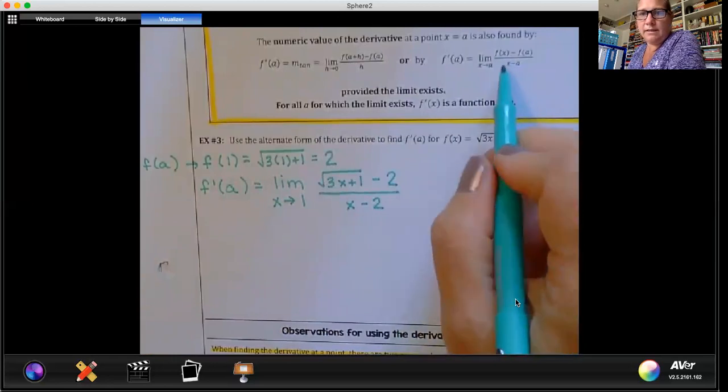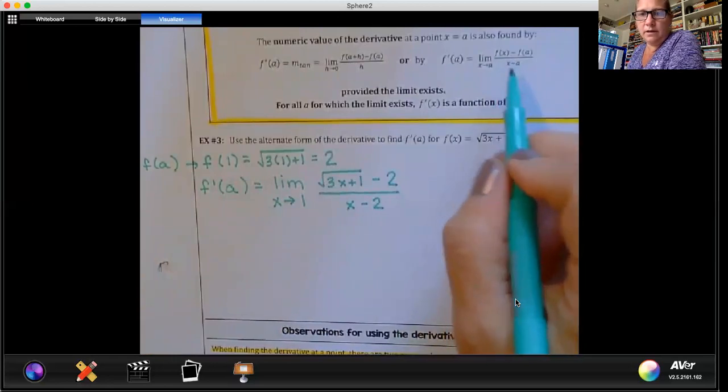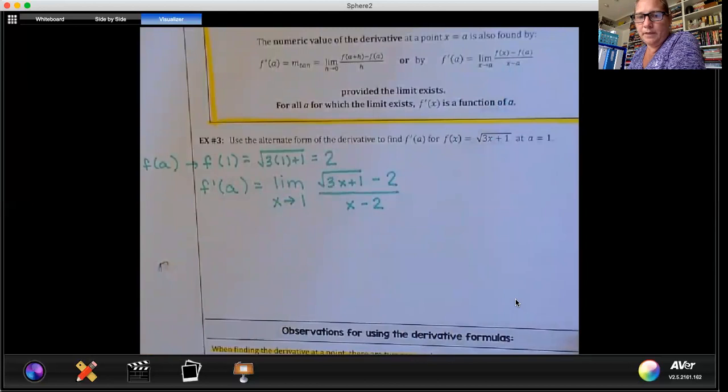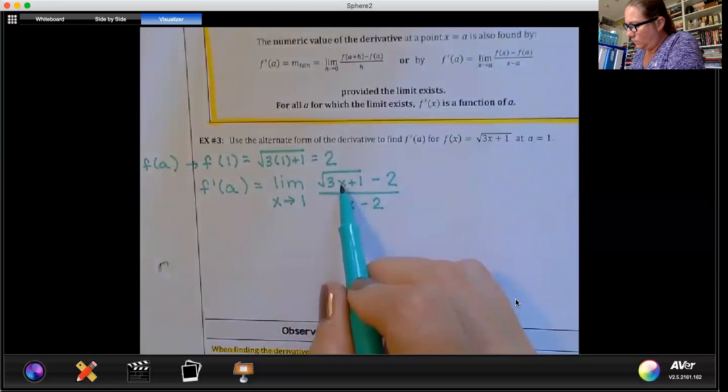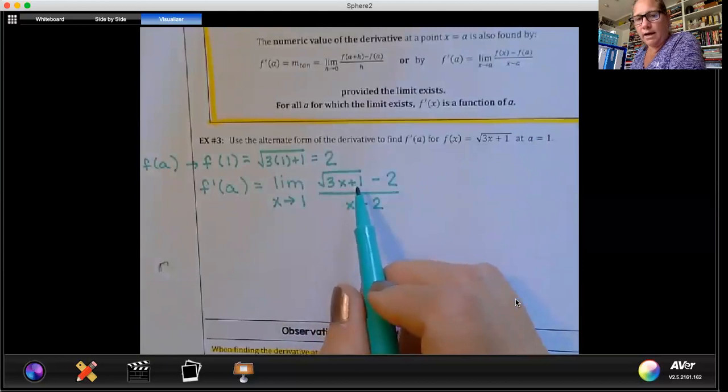So we're using this particular definition here. Now, it looks like we might be able to do some direct substitution. Let's see. 3 times 1, 3. 3 plus 1 is 4. No, we need to go ahead and rationalize.